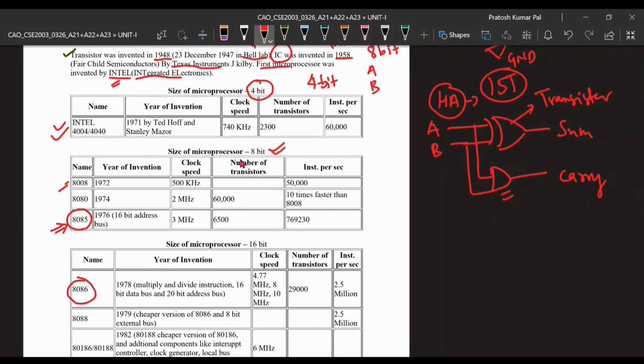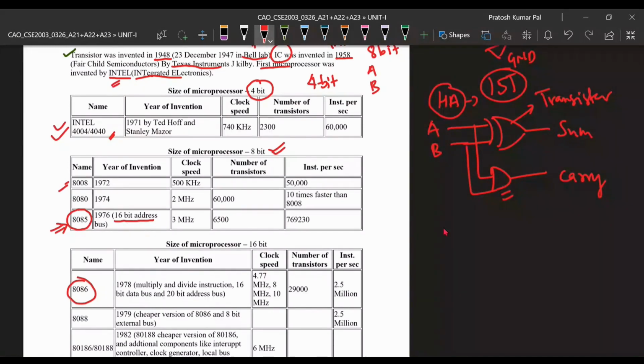So here it is of 8 bit, but you can just note it down: it is having 16-bit address lines. All other microprocessors, if we talk about 4-bit, will have 4-bit or different address lines. But in the case of 8 bit, the 8085 is an 8-bit microprocessor, but it operates with an address line of 16 bit.